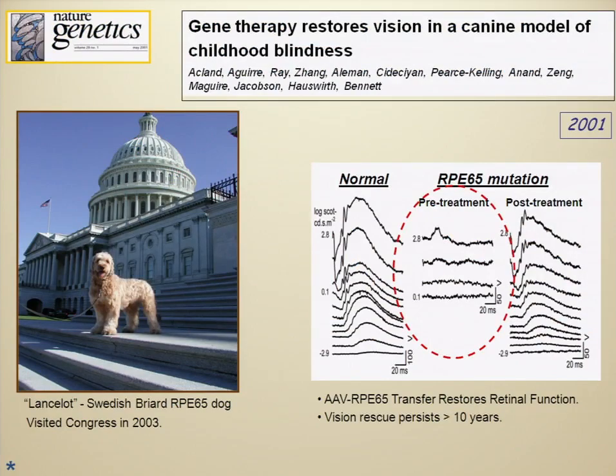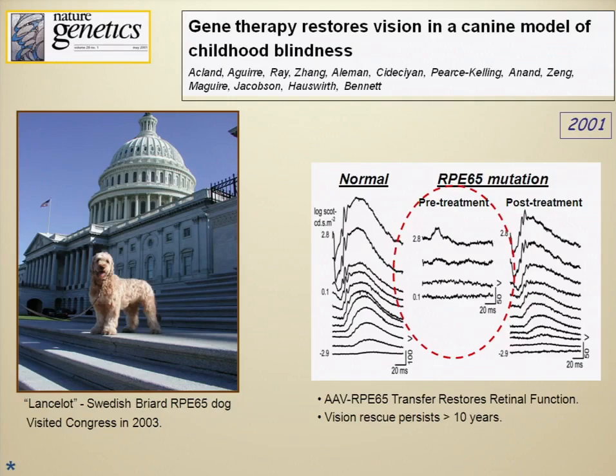Here is one of the dogs, a Swedish Briard dog. Actually, that's not, I'm told, a Swedish Briard dog, but the gene was put into the dog so that this dog crossbred, etc. But this dog was blind from RPE65. And then, within a matter of 1998 to 2001, just in the space of a couple of years, gene therapy was done to put the normal RPE65 gene into this dog, and a couple of weeks later you could play Frisbee with him.